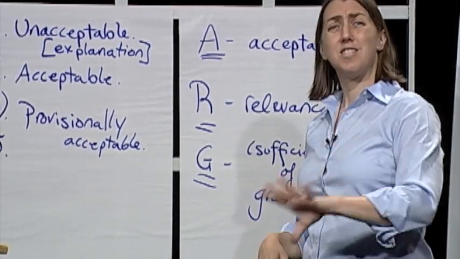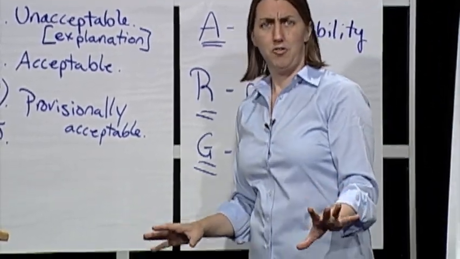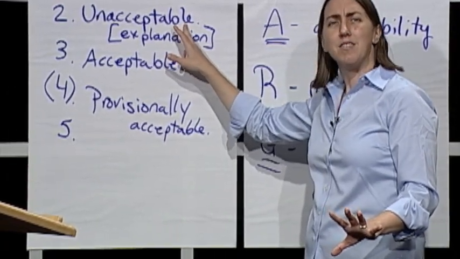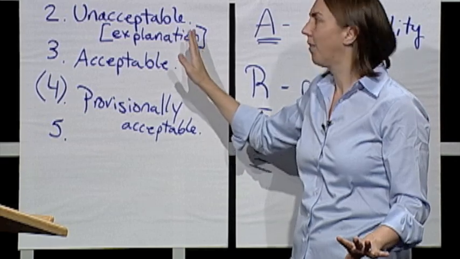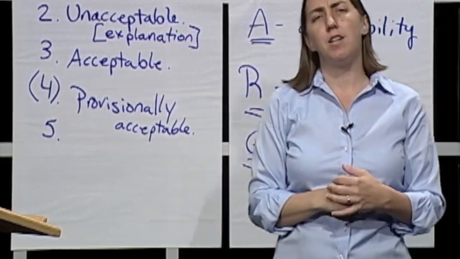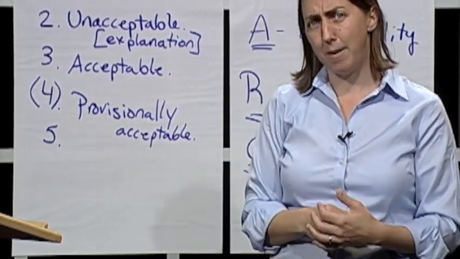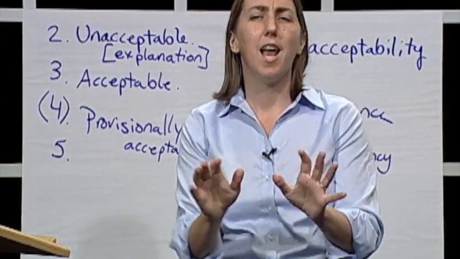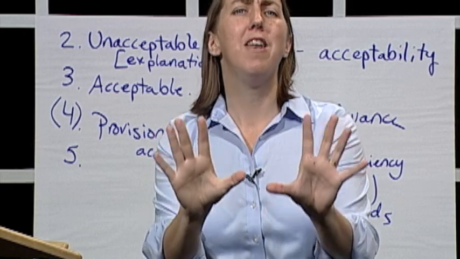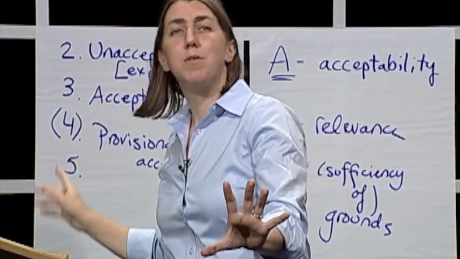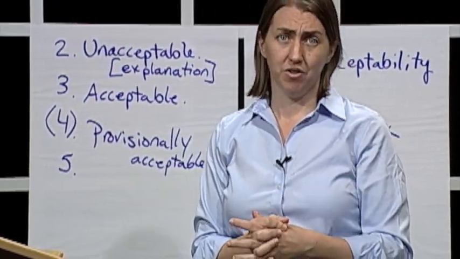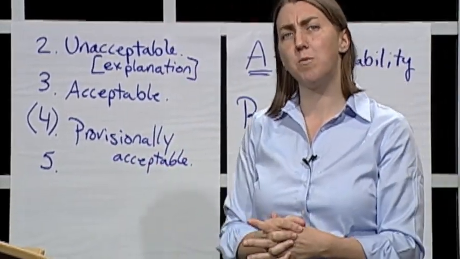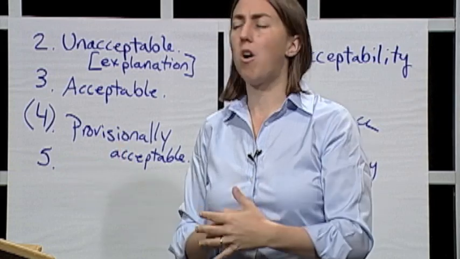Now, if the claim itself seems utterly implausible, just unreasonable, that would be reason enough for me to not accept it, to say this just doesn't make much sense, okay? But if it's generally plausible, I might call it provisionally acceptable. This is not the same as determining that a premise is acceptable. This is your way of saying, I'll consider it acceptable for now until I have time to go do the research and find out whether it is true, okay? But it's reasonable. The person seems to be a good, non-biased expert source. I'm going to accept it for now.